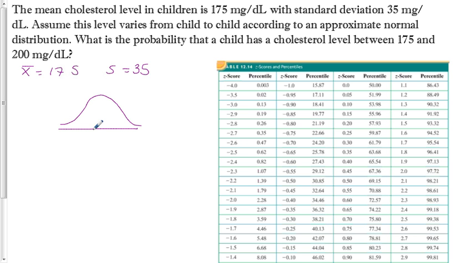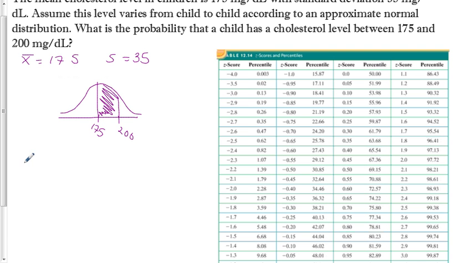So if we draw our picture here, we still have 175 in the middle because that's our mean. We still have 200 to the right of the mean, but this time we want the probability that it's between these two numbers. To calculate a probability between two amounts, you have to find their z-scores respectively and then look up their percentiles, followed by subtraction.